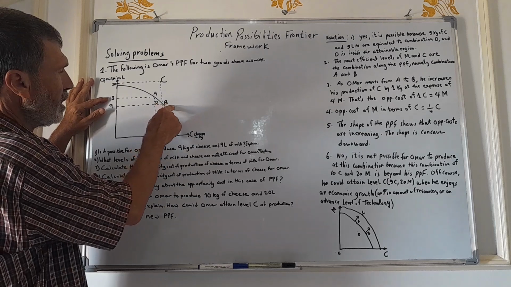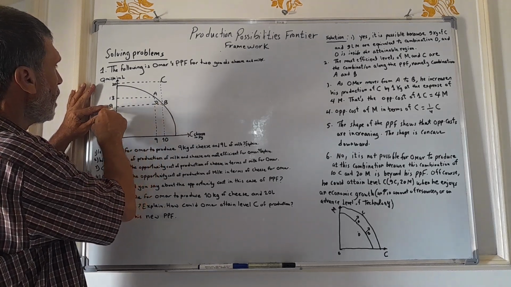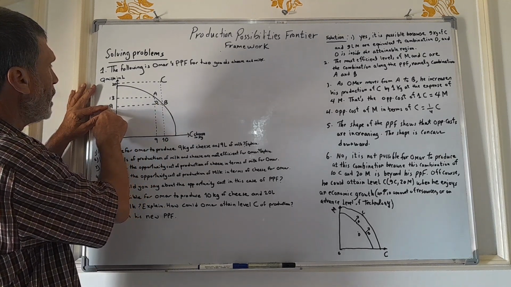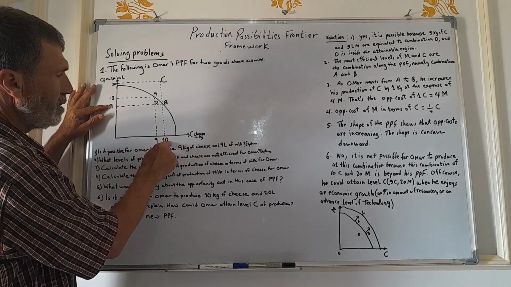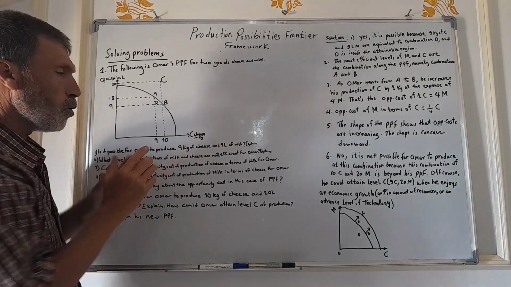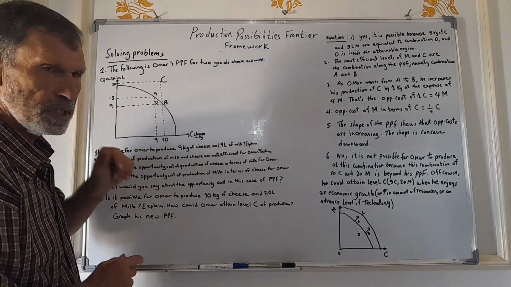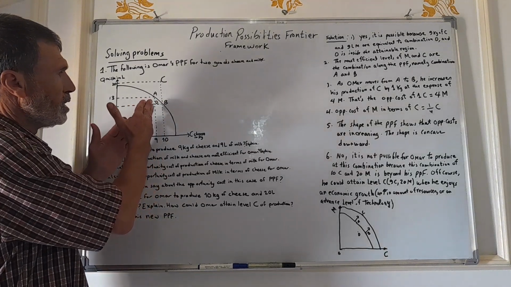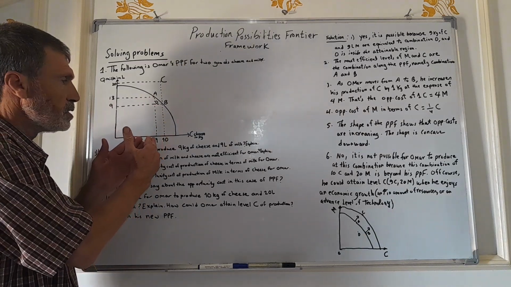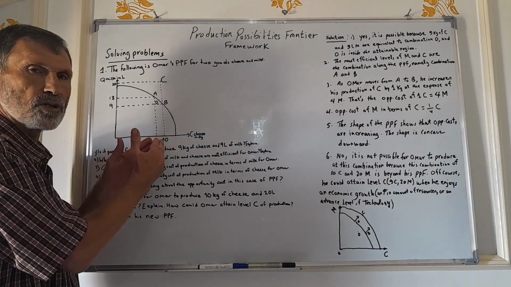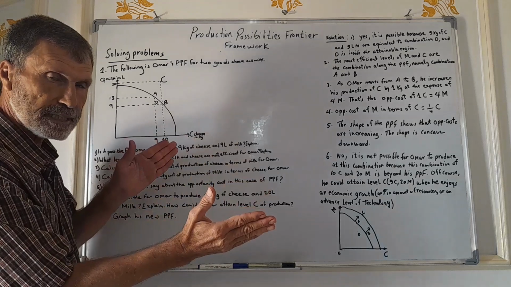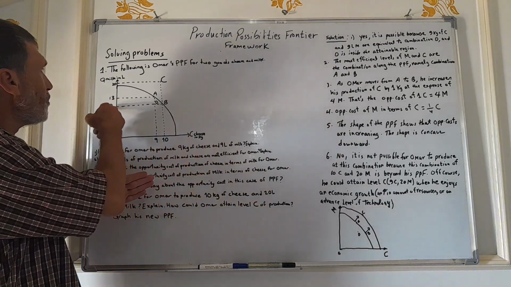At B, he produces 9 liters of milk and 10 kilograms of cheese. So what is the opportunity cost as he moves from A to B? The amount of cheese increases at the expense of milk.